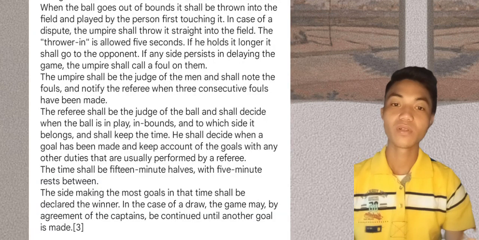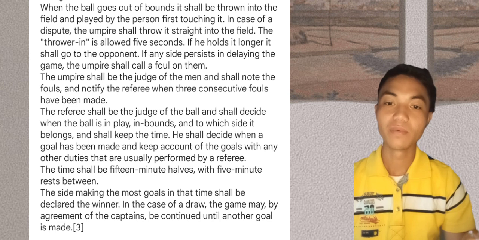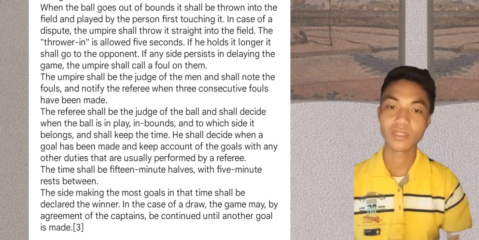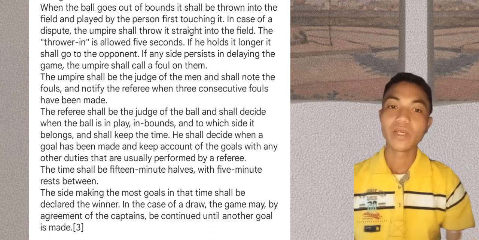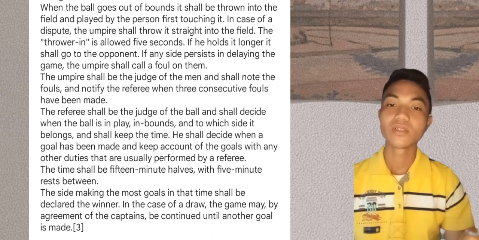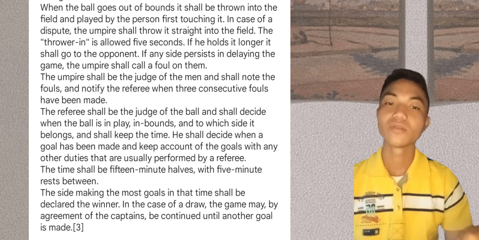Ninth, when the ball goes out of bounds, it shall be thrown into the field and played by the person first touching it. In case of dispute, the umpire shall throw it straight into the field, and the thrower-in is allowed 5 seconds. If he holds it longer, it shall go to the opponent.